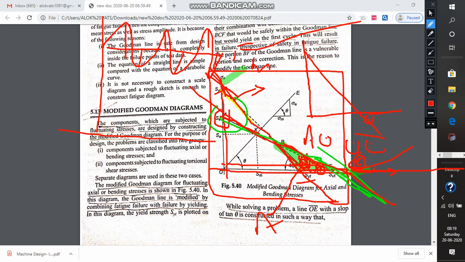But actually the point is going to fail, because the component is getting yielded.